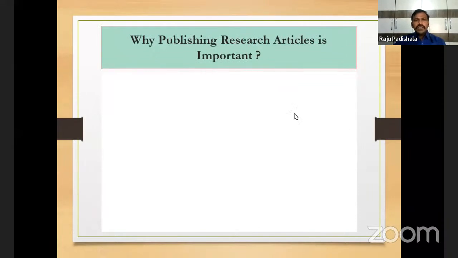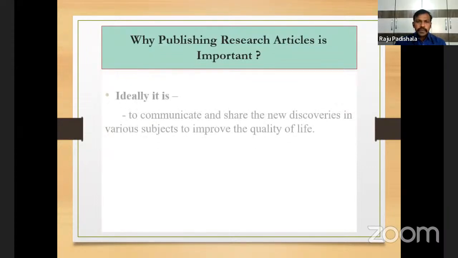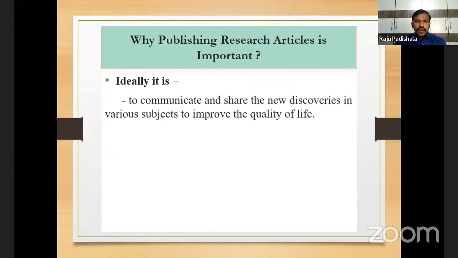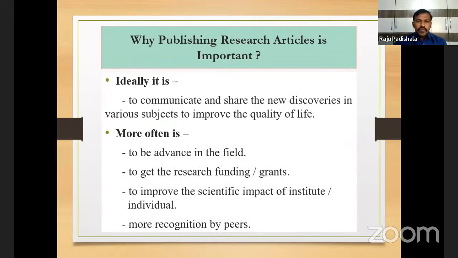So why is publishing research articles important for all of us? Ideally, it is to communicate and share new discoveries in various subjects to improve the quality of life. More often, publishing research articles is important to advance in your research area or any subject area, and to get research funding or grants.